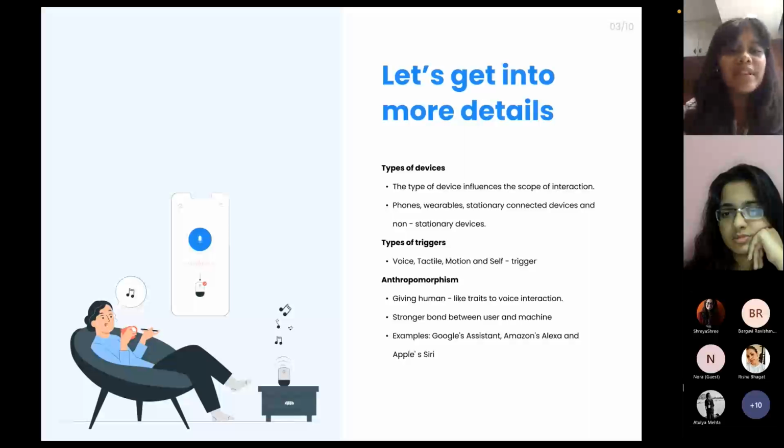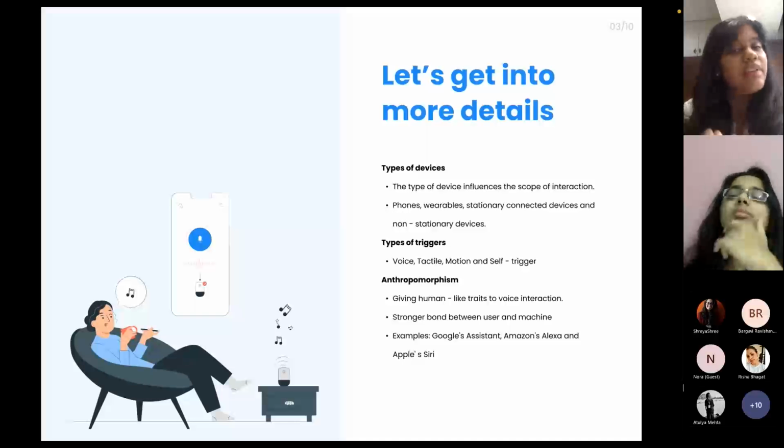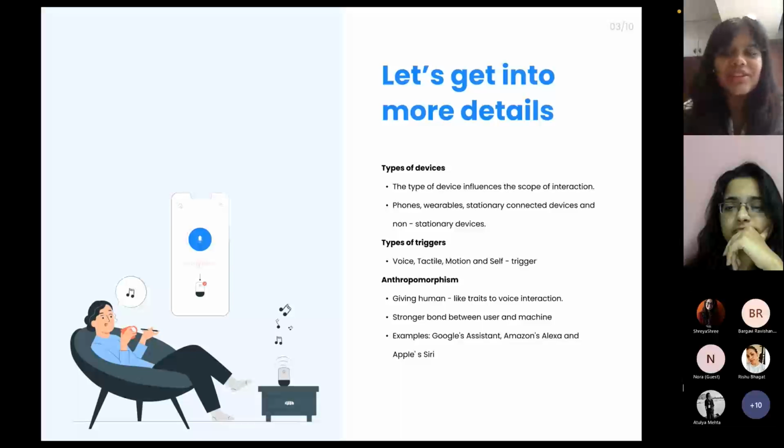Now, before even interacting with these devices, to trigger the device, to start interacting with the user, there are different modes of doing that. So there are 4 major modes. One is by voice, where the user can trigger the device using their voice. Or there's tactile, where you can either push a button or tap on the device to start it.